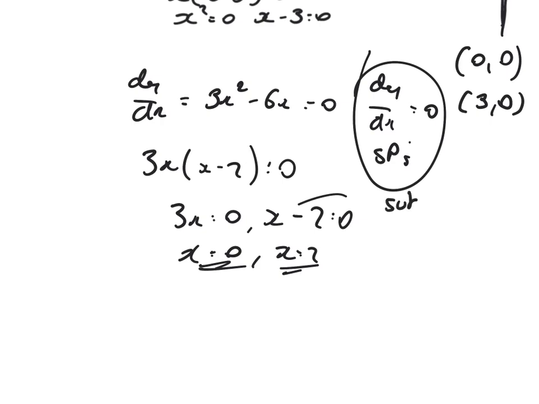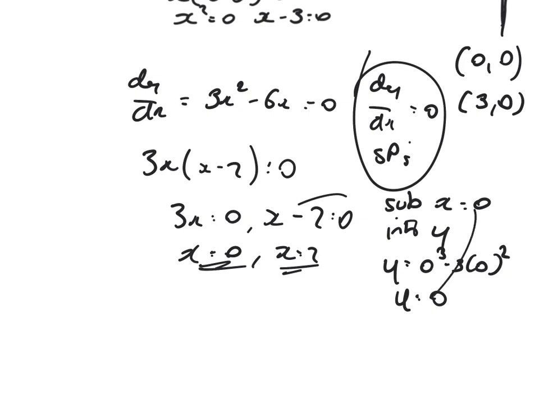Now I want to find the y coordinate, so I sub the x coordinates into the original function for y. So sub x equals 0 into y. So that'll be y equals 0 cubed minus 3 lots of 0 squared. That'll give me 0, so we can see then that stationary point 1 is the origin, 0, 0.